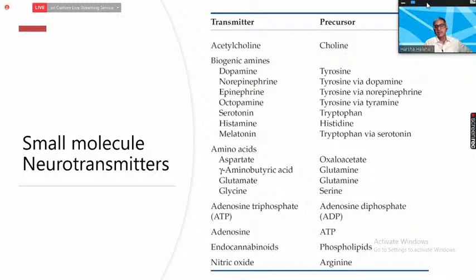Therefore, a large number of small molecule neurotransmitters are ultimately derived from amino acids. Whether they're amines or amino acids, they're derived from amino acids. So, amino acids are important precursors for small molecule neurotransmitters. ATP, adenosine triphosphate, is also recognized as a small molecule neurotransmitter.